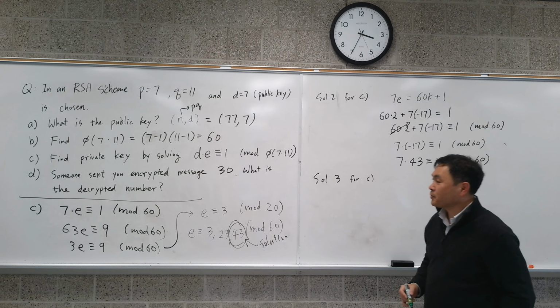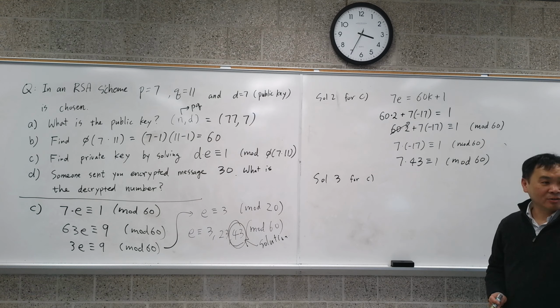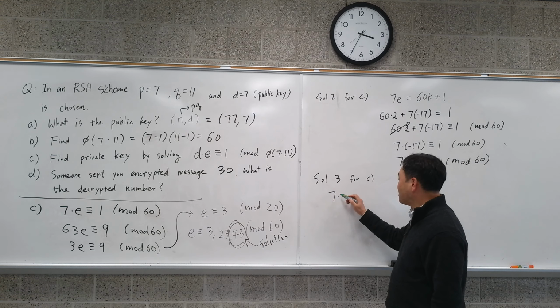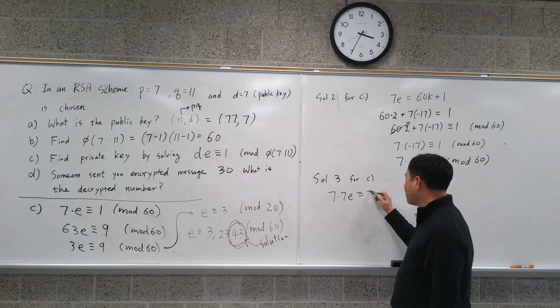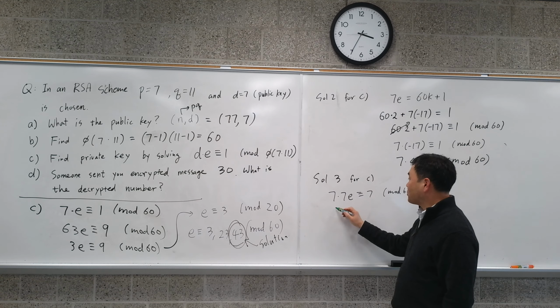You can just keep multiplying by 7. I don't think that's a good idea, but let's see. If I multiply both sides by 7, that's 49, right?